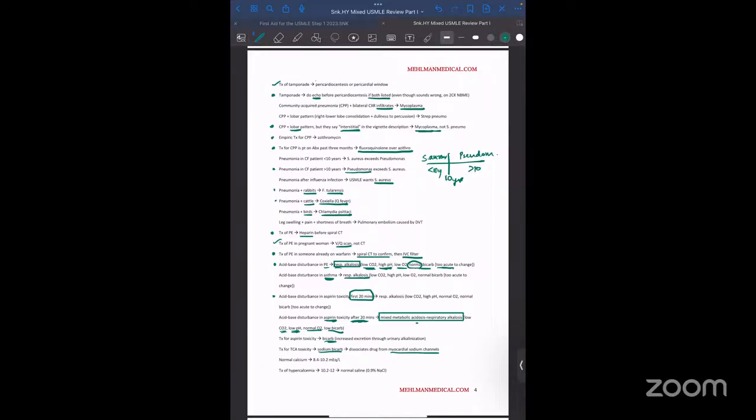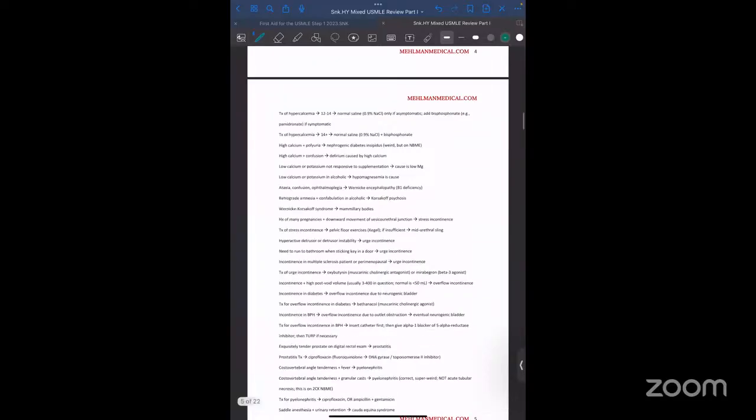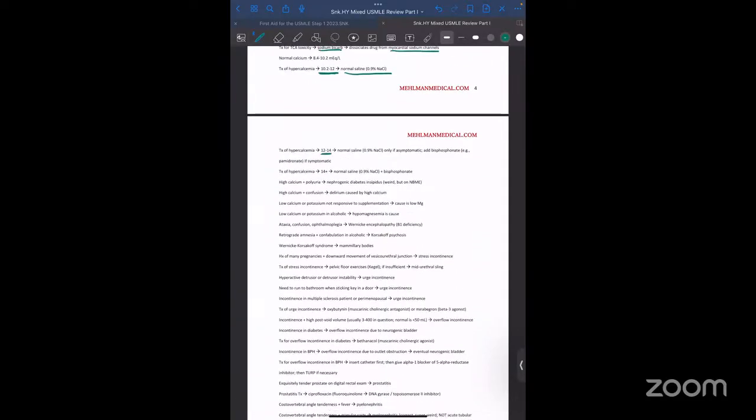Normal calcium levels are 8.4 to 10.2. Treatment of hypercalcemia when it's 10.2 to 12: first give normal saline, 0.9% sodium chloride. Treatment of hypercalcemia when it's 12 to 14: give normal saline only if the patient is asymptomatic.